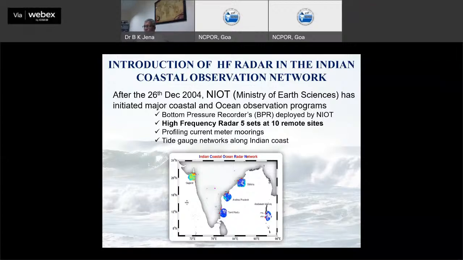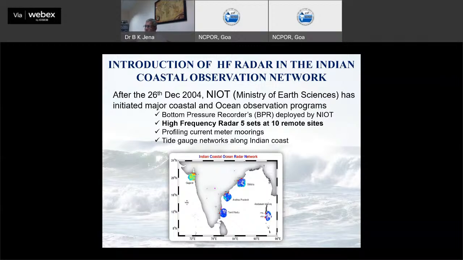As you all may be aware, on 26 December 2004, India was hit by a mega tsunami. After that, the Ministry of Earth Sciences initiated many ocean observation programs. One is the bottom pressure recorder, which is our ocean observation system at NIOT. They are operating and maintaining it, and data comes to INCOIS and NIOT for various research applications and for dissemination to the local authority.